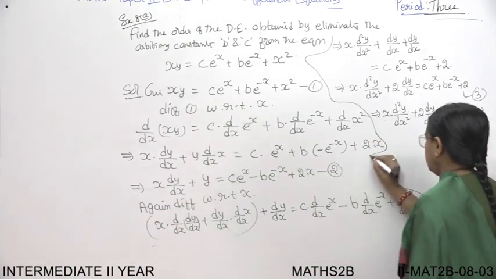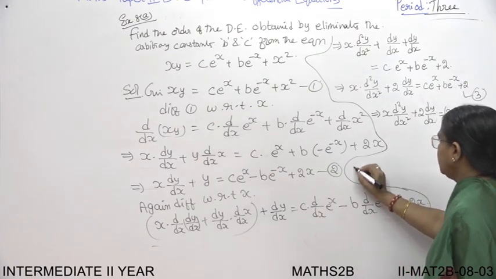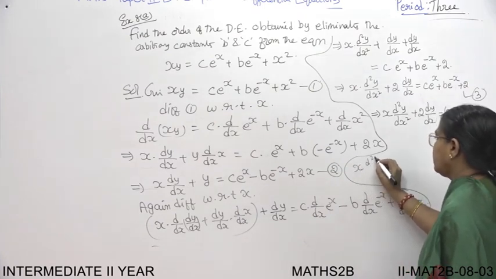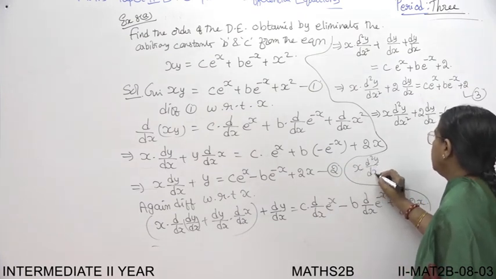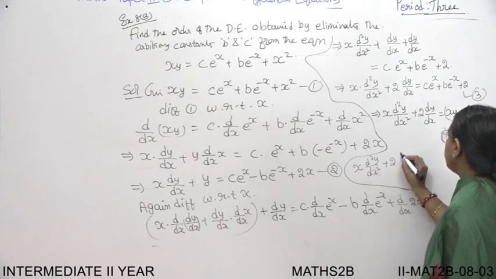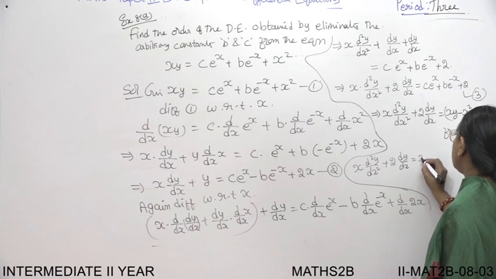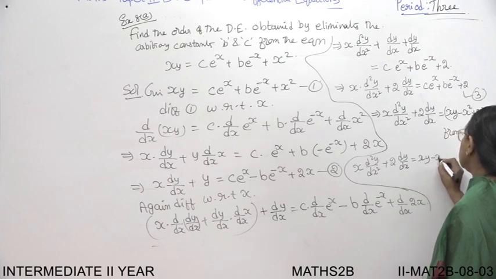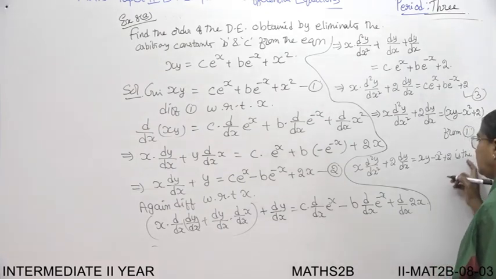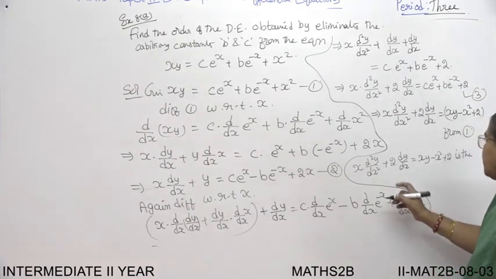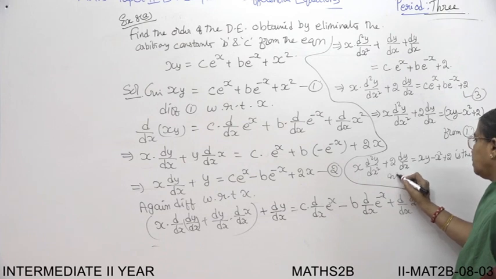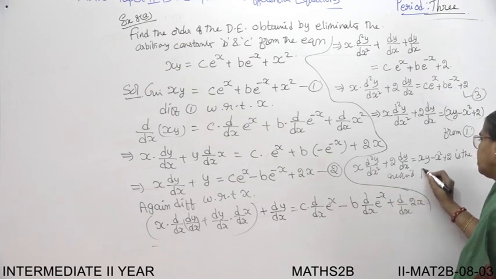So finally you will get x into d square y by dx square plus 2 dy by dx is equal to xy minus x square plus 2. So b and c got eliminated. This is the required differential equation.